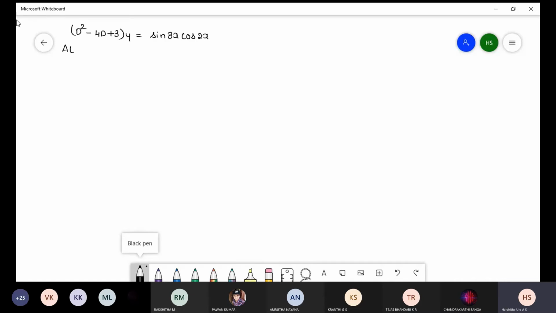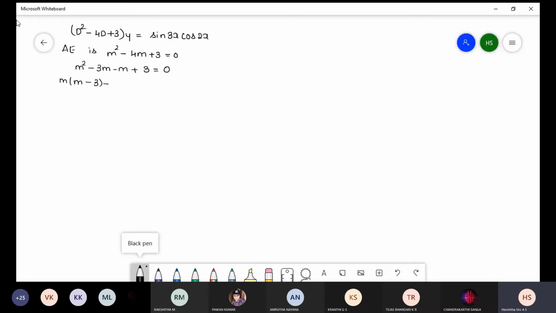So let us start the solution by writing the auxiliary equation: m square minus 4m plus 3 is equal to 0. For minus 4m, I write minus 3m minus m, plus 3 is equal to 0. In the first two terms, I take m as common, so remains m minus 3.